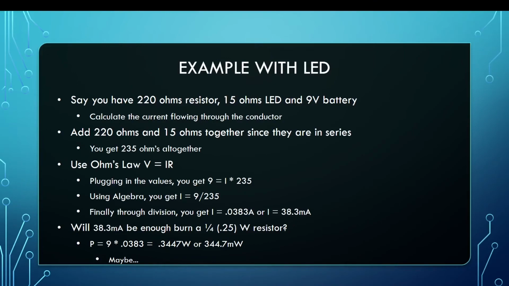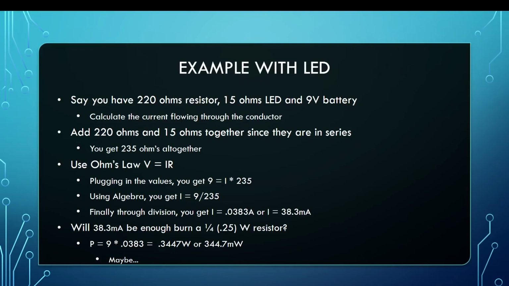Let's do another example, but with LEDs. Say you have a 220 ohm resistor with a 50 ohm LED and a 9-volt battery, and it wants you to calculate the current. You add 220 ohms and 50 ohms together since they're in series. Usually with series resistance, you add them together.